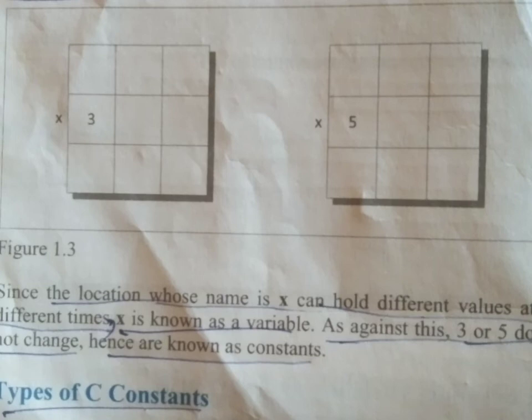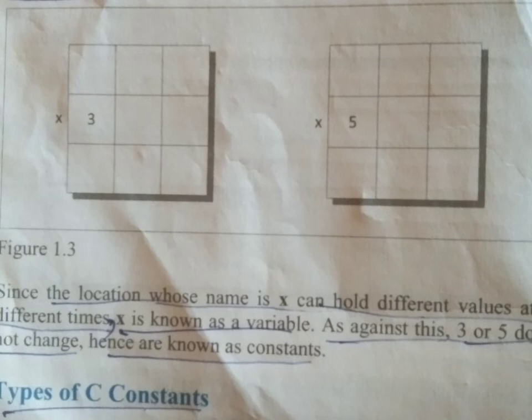To make the retrieval and usage of these values easier, these memory cells, which are known as memory locations, are given names. Since the value stored in each location may change, the names given to these locations are called variable names. In this figure, 3 is stored in a memory location and a name x is given to it.